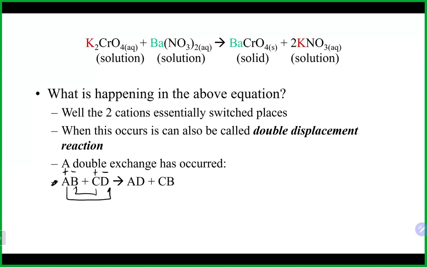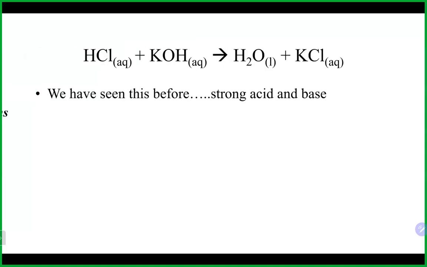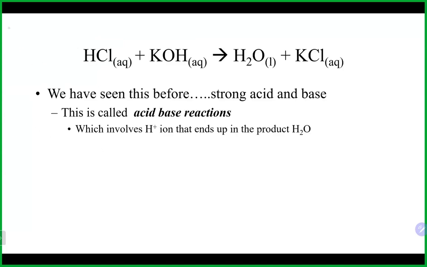We talked about it a lot last time as well. You remember, if you are doing that, you want to make sure you do get the correct formulas down on the right-hand side of the arrow, and make sure you do it just like nomenclature. We also saw with our double displacement reactions our acid-base neutralization reactions, and really here, the formation of water is what's happening in this case.